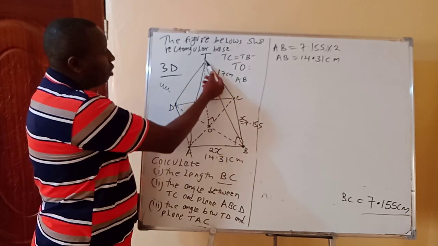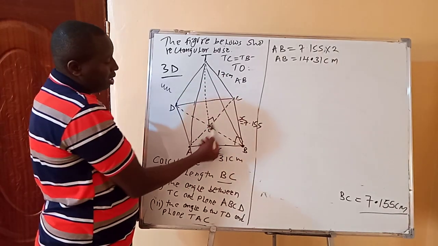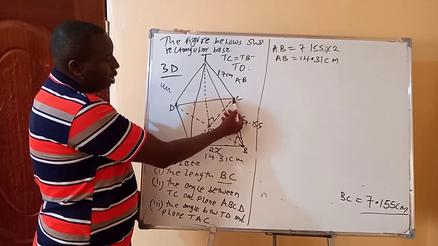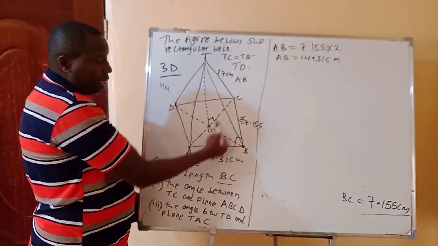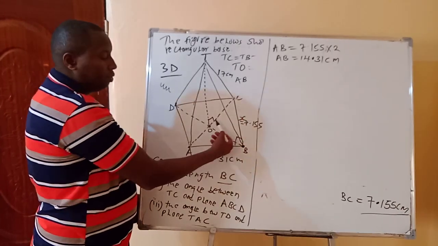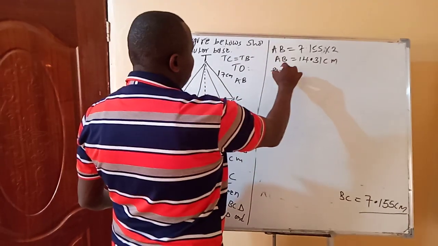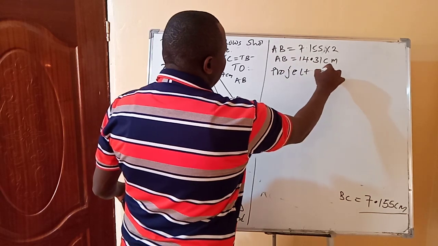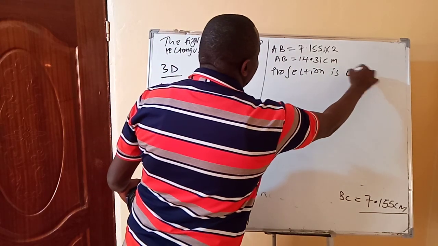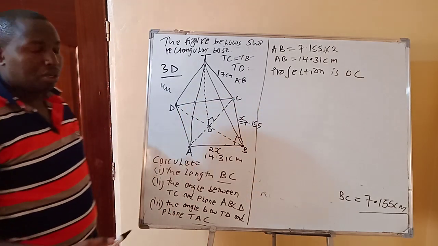So therefore, the projection of TC, the shadow along this plane, is OC. Our projection will be OC.